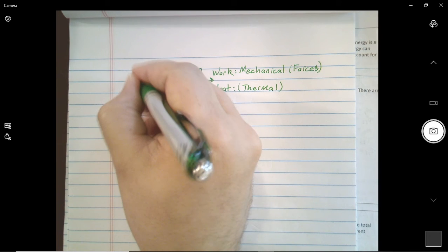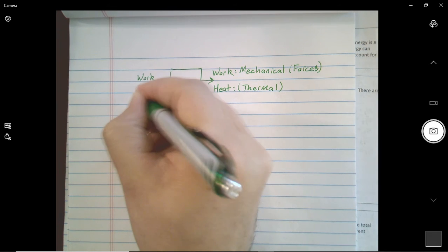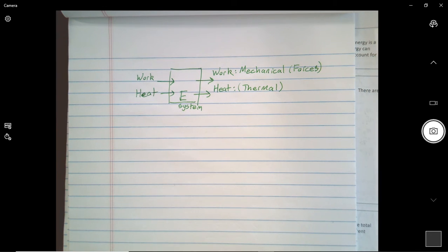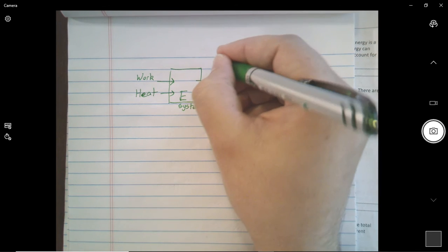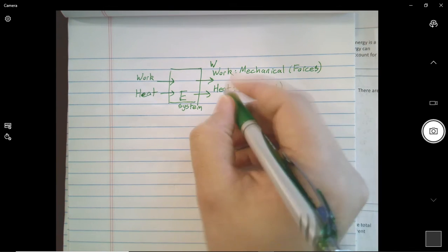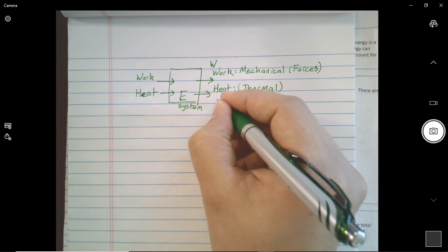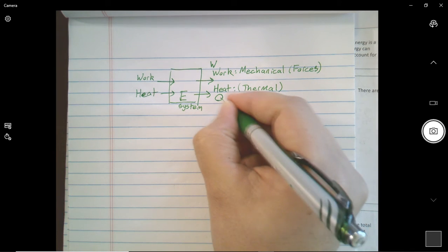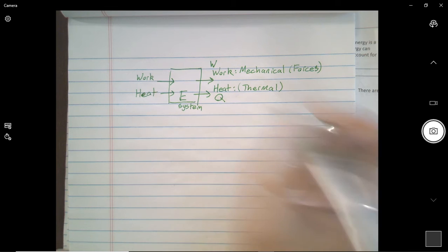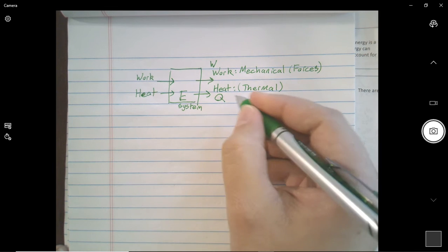On this side, transfers into our system are still called work and heat. Work gets the variable name W, which makes sense. And heat gets the variable name Q, which stands for quantity of heat, I think.